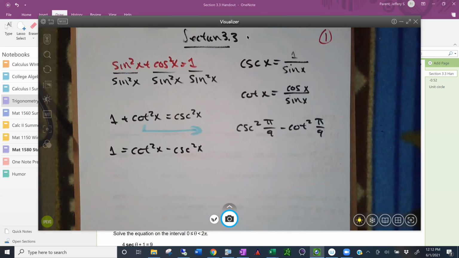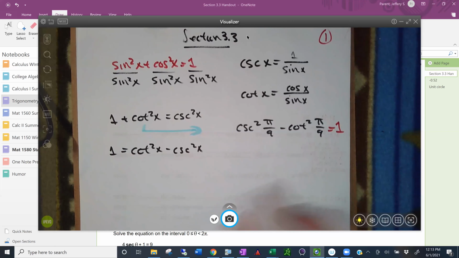Well, that's kind of bizarre, that no matter what, when you take the cotangent squared and subtract the cosecant squared, you're going to get 1. In particular, that's going to be true right here. That is going to equal 1. And that's it. That's your answer there.